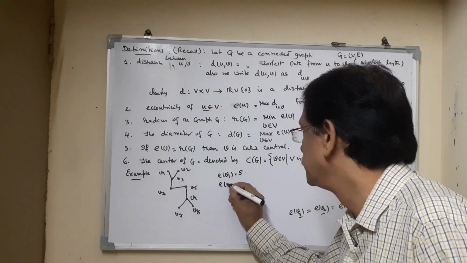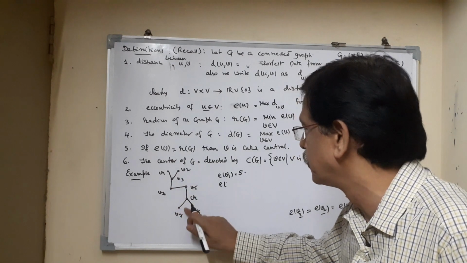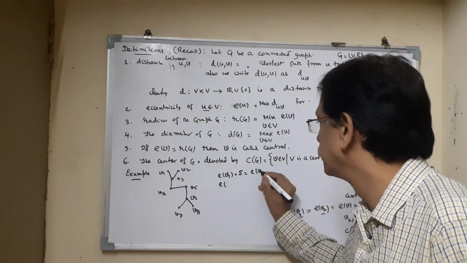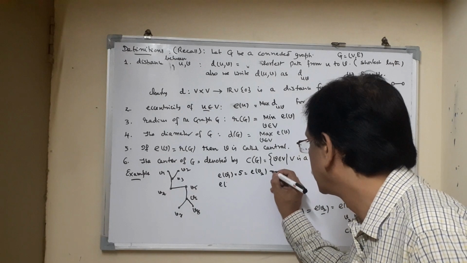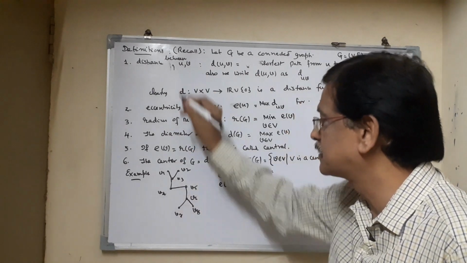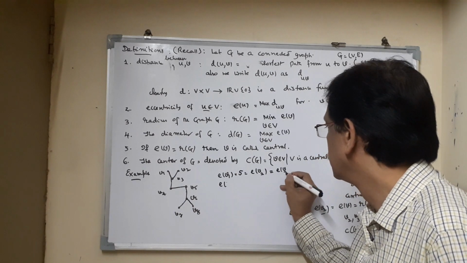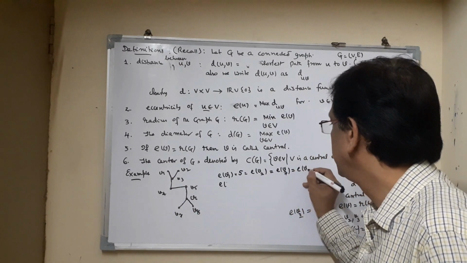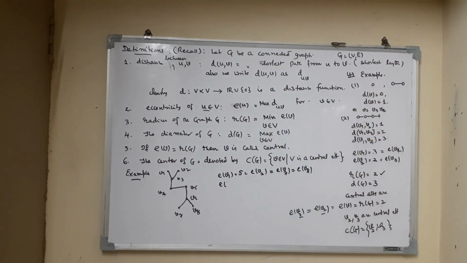What about EV2? EV2 also will have the same 1, 2, 3, 4, 5. So EV2 is 5. And what about EV7? You are counting the farthest distance. So 1, 2, 3, 4, 5. So EV7, similarly EV8. So the eccentricity of V1, V2, V7 and V8 is 5.